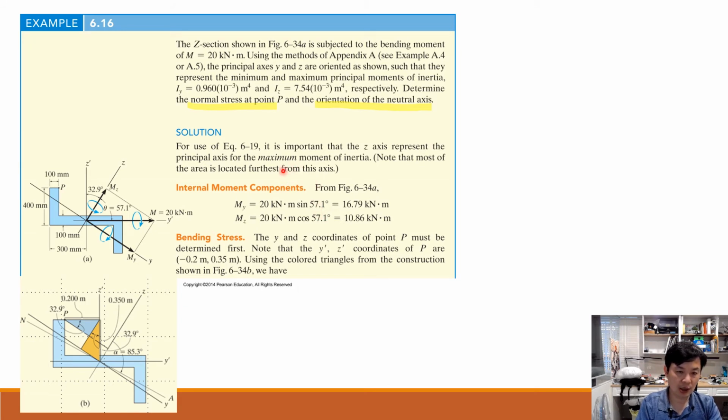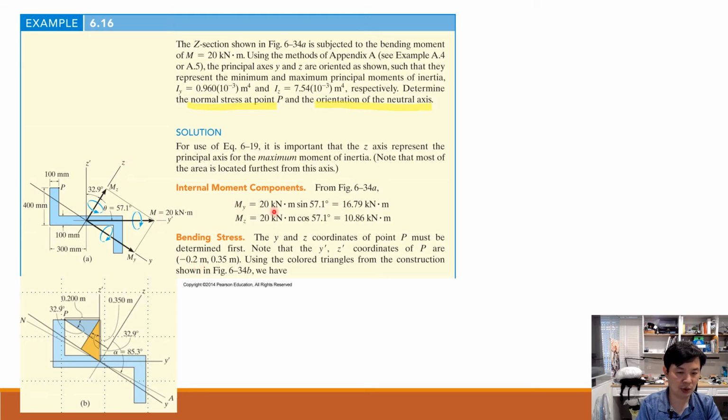Okay, so how do we deal with this maximum moment of inertia first? It says the axis represents the principal axis for the maximum moment of inertia. So in this case, our moment M cannot be directly used in the derivation. We need to decompose it along the new axes z and y.